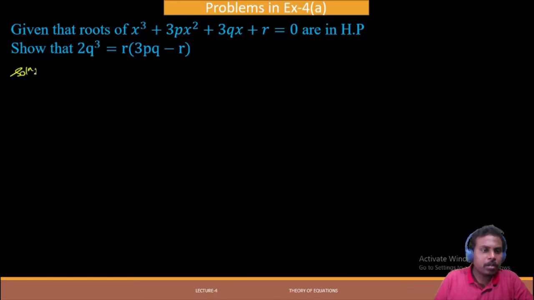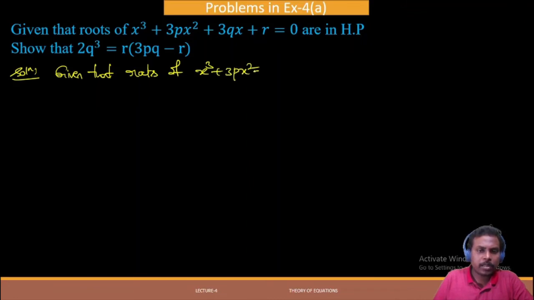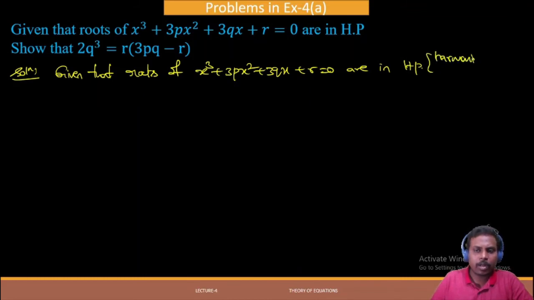Solution: given that the roots of the equation x cube plus 3px square plus 3qx plus r is equal to 0 are in harmonic progression.